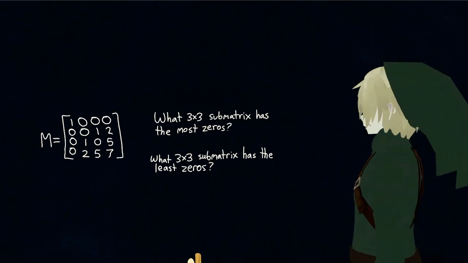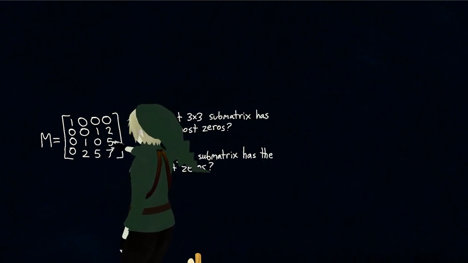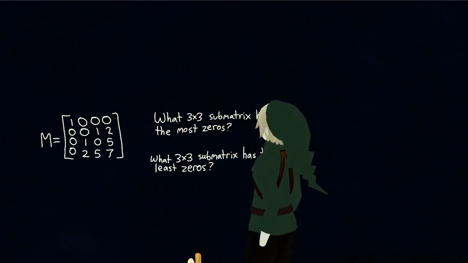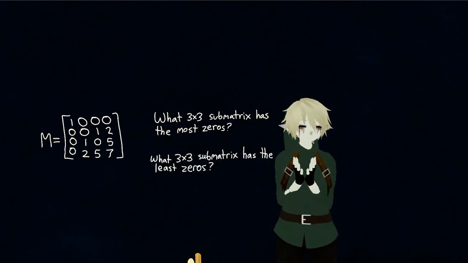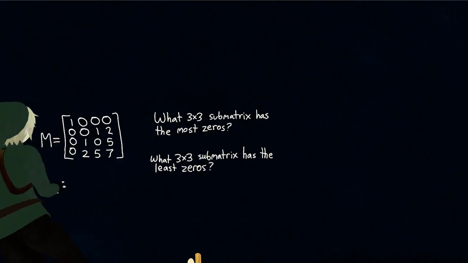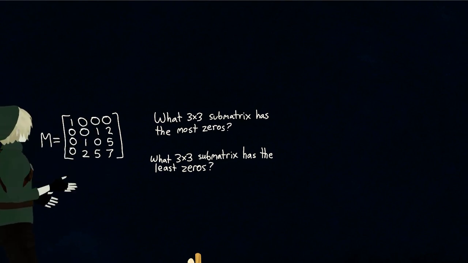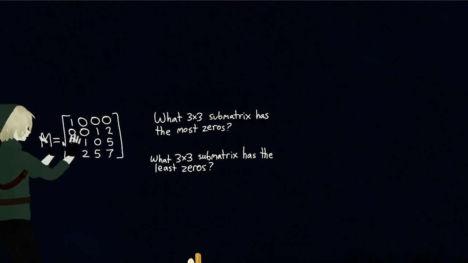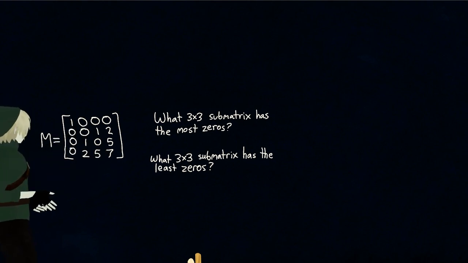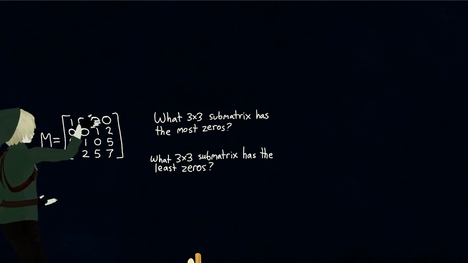So now let's do an example of a 4x4 matrix. We have M equals this big minesweeper-looking matrix here, and we have two questions. First, what 3x3 submatrix has the most zeros? If we choose any 3x3 submatrix from this 4x4 matrix, we can easily see that this portion here has the most zeros, because we have this zigzag of zeros, and there are 5 zeros.